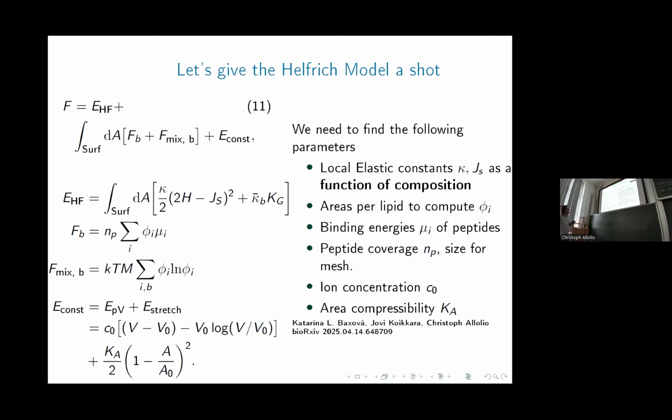So if it's curvature sorting, we can use our tool to describe it. We can extract all the coefficients of the model from the particle-based simulations. And then we just have to find our free energy. So this will be our usual Helfrich energy, this time without tilt, we don't need it.